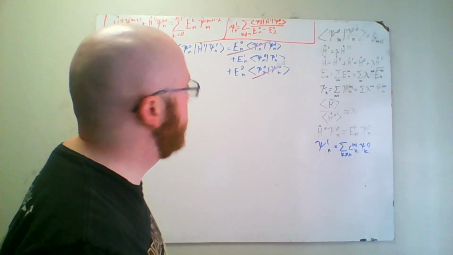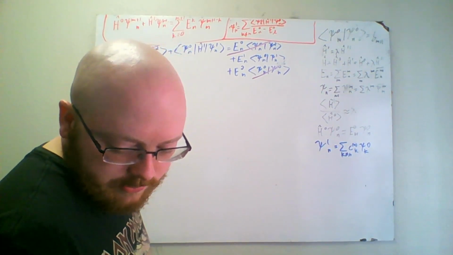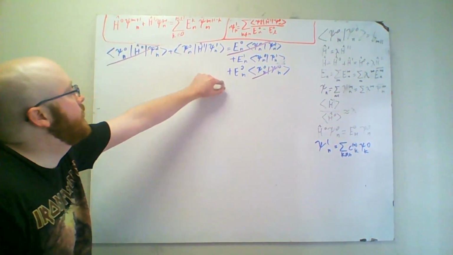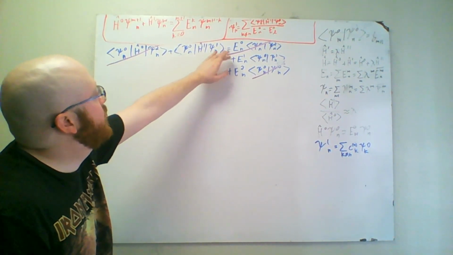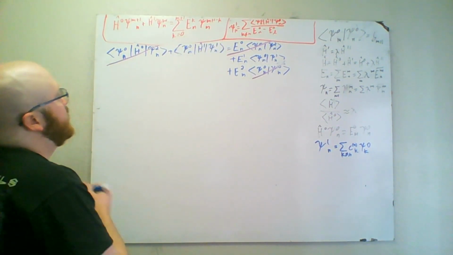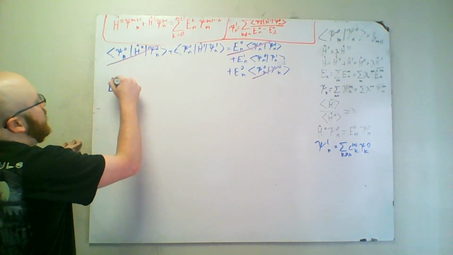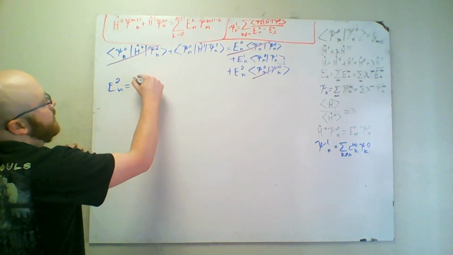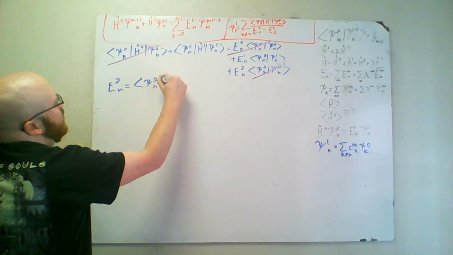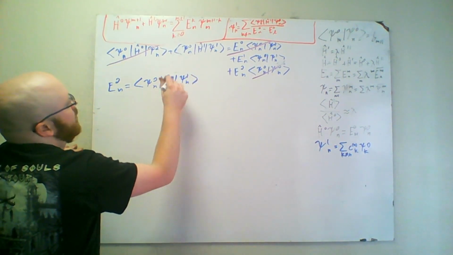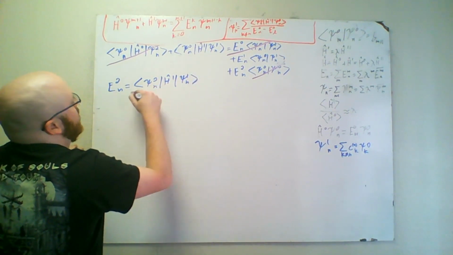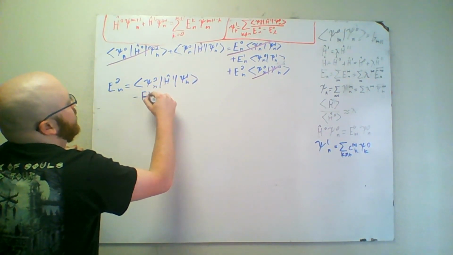This guy goes to 1. And so we can solve for E2n by taking this guy and subtracting over both sides. So we get E2n equals H prime psi 1n.